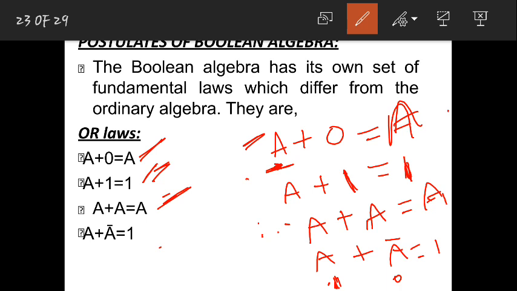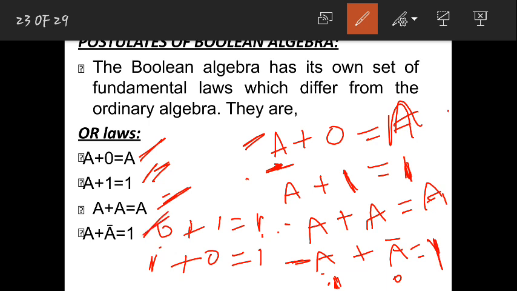If you consider A is equal to 0, for this I am solving. A is equal to 0, so 0 plus A complement means 1, that will be equal to 1, or 0 OR 1 is nothing but 1. Next, if you take A as 1, then A complement will be 0, so this also you will get 1. That is the reason I am writing it here as 1.